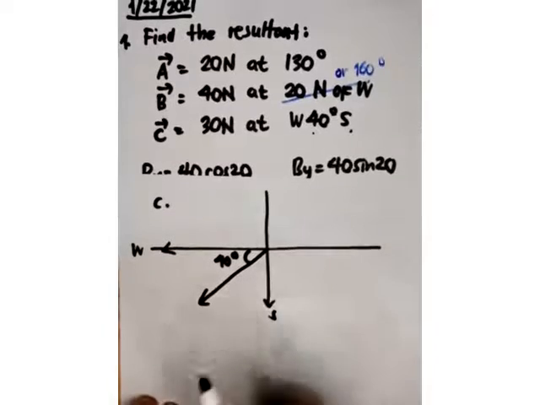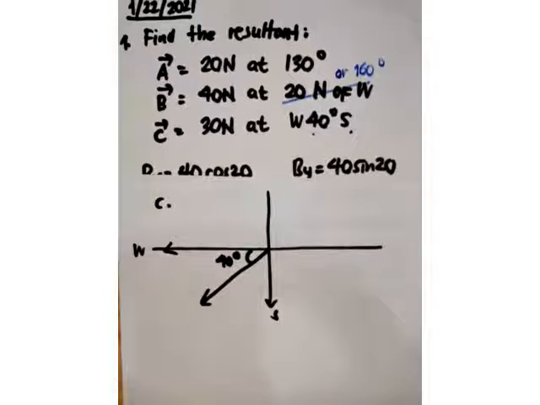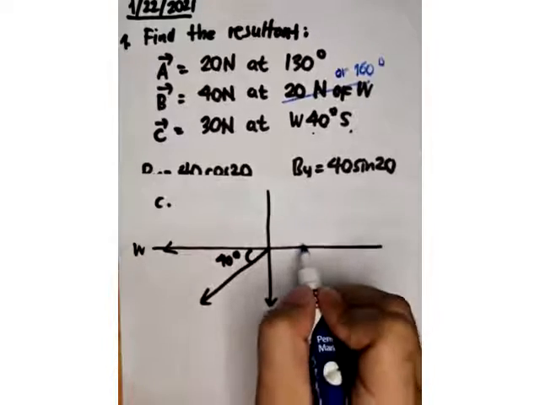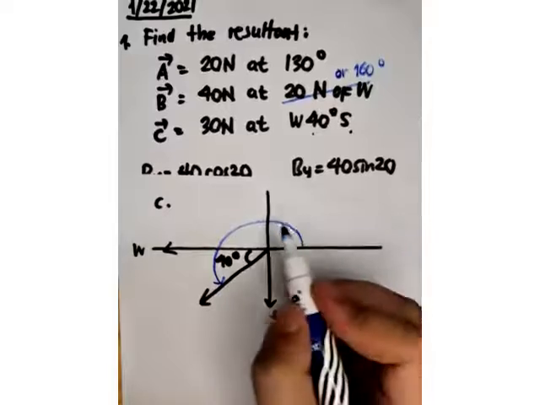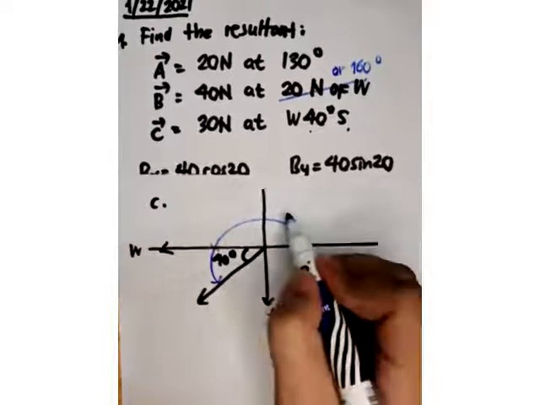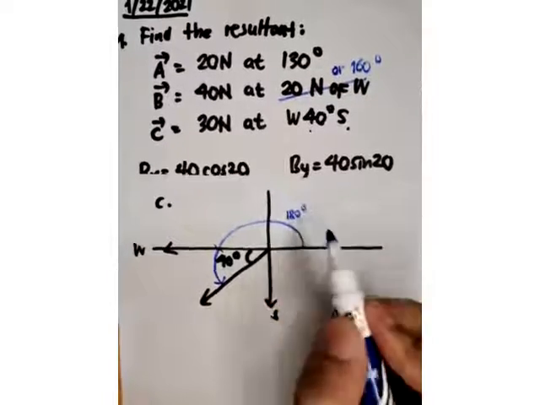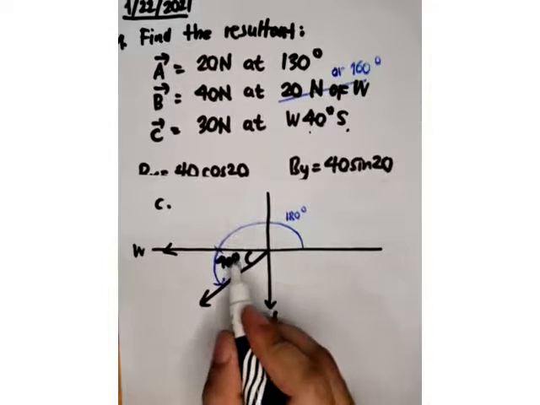Ngayon, anong angle mula doon sa positive x-axis papunta dito? Mula dito hanggang dito is 180 degrees, tapos may i-add ka na 40.